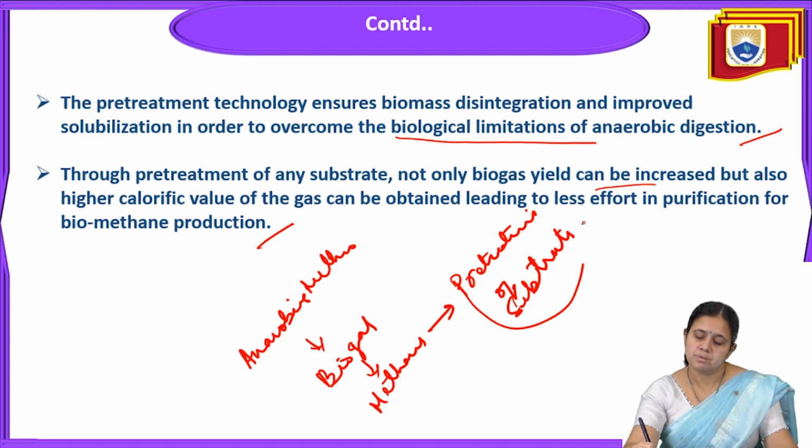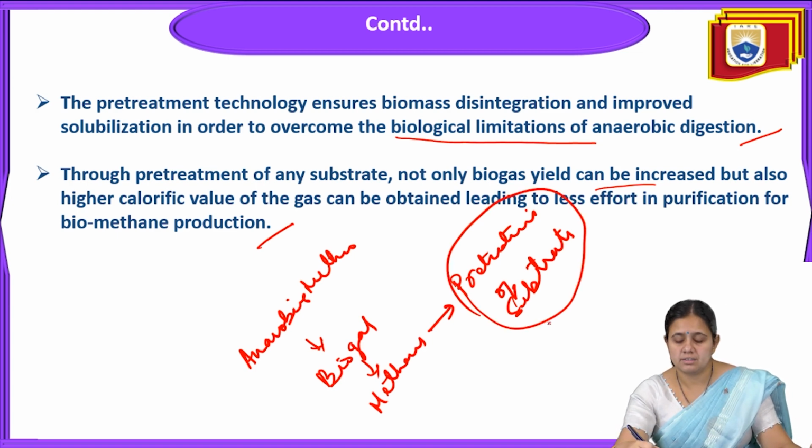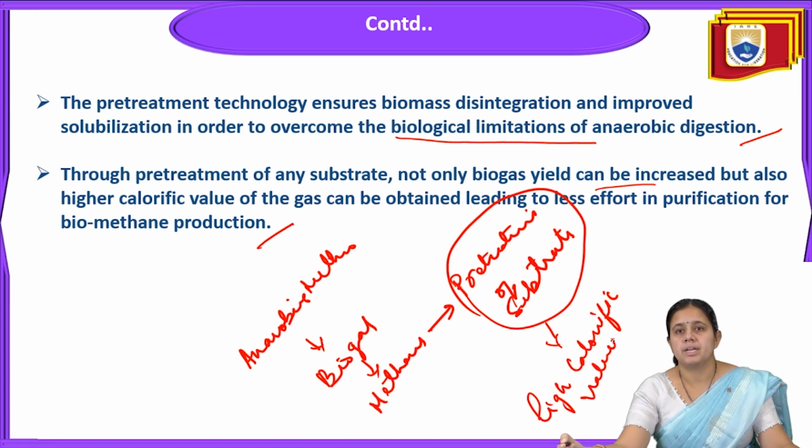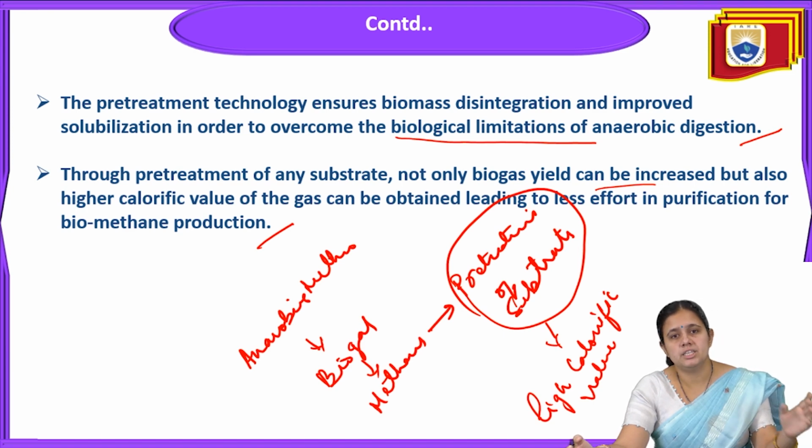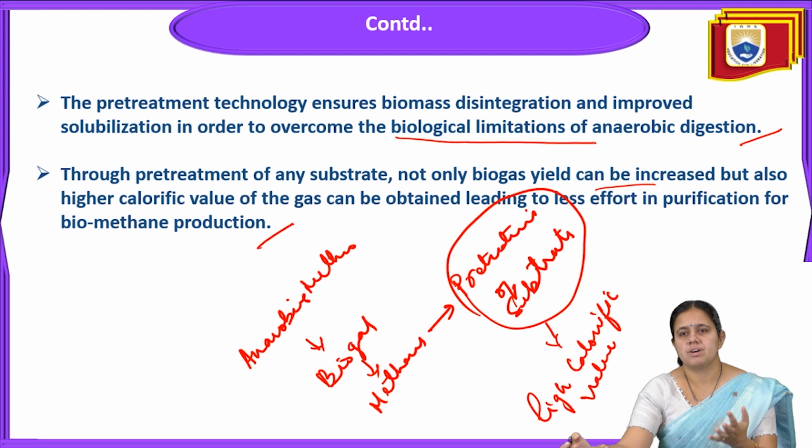If pre-treatment is done for the substrate, then the gases will have high calorific value, and it will lead toward less effort for the purification for biomethane production. Very little effort will be required for the purification of biomethane.